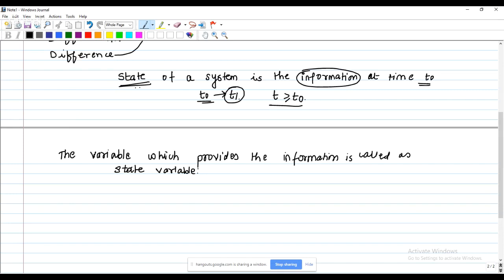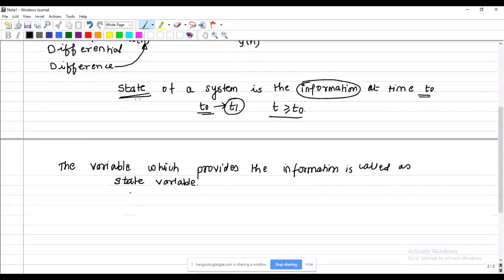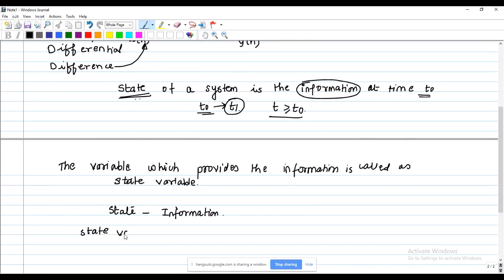So we would summarize like this: state is the information, whereas state variable is the information variable.